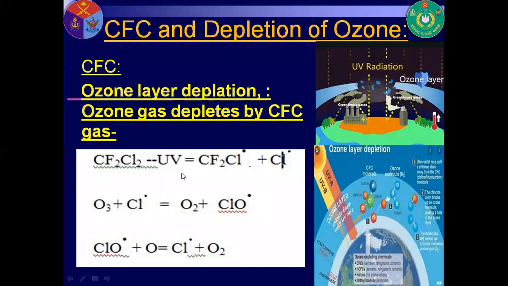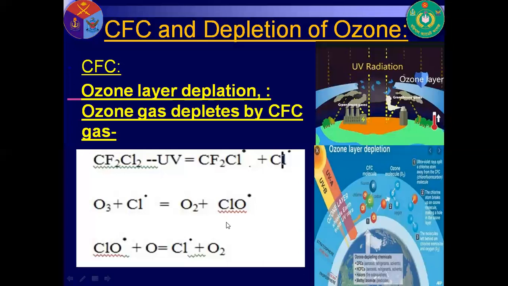At first, CFC dissociates to form a chlorine free radical, which reacts with ozone to form oxygen gas and a ClO free radical. Then ClO reacts with an oxygen atom to form oxygen gas and a chlorine free radical. So finally, it is a chlorine free radical again, as it was initially. This is the chain way of producing chlorine free radicals, and it depletes the ozone layer.